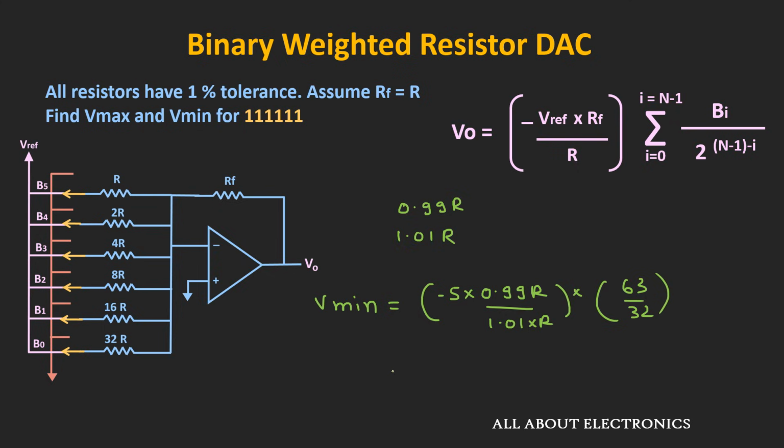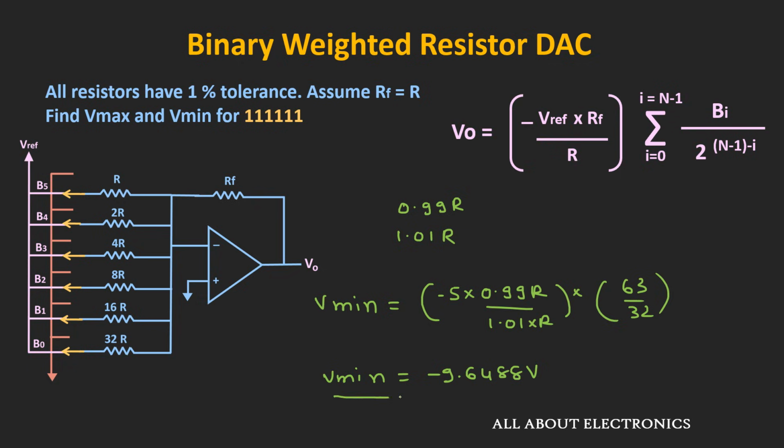So further if you simplify it, then the minimum value which we will get will be equal to minus 9.6488 volt. So this will be the minimum value which we will get if we assume that the tolerance in the resistor is equal to 1%.